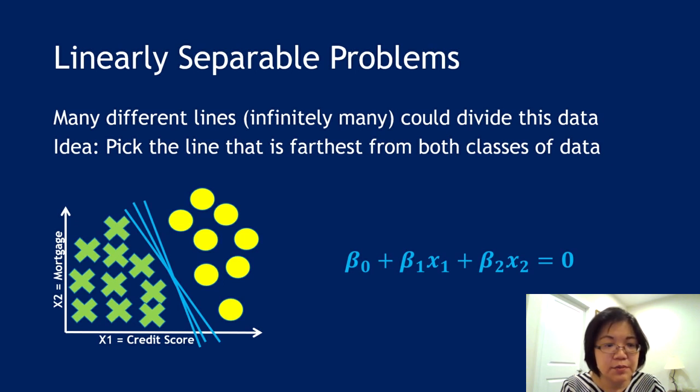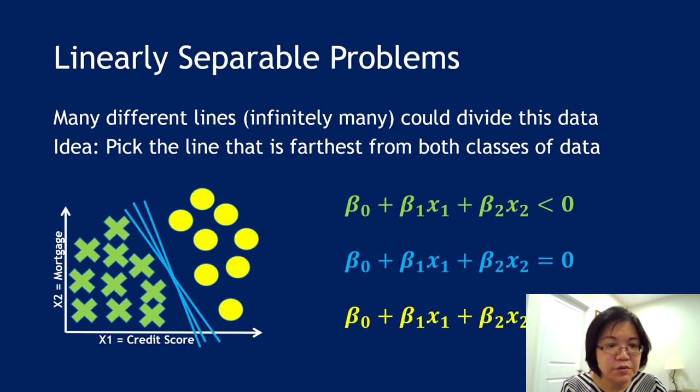There are only two x's because there are only two x features used in this data set. So the equation is set to 0, and that is the MMC, and then anything that's to the left of the line are the green crosses. They're less than 0, and any dots that are greater than 0 are to the right of the line.